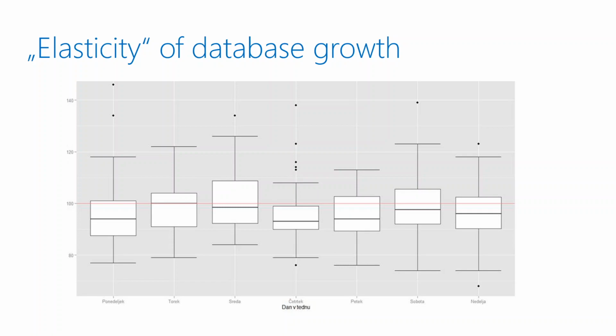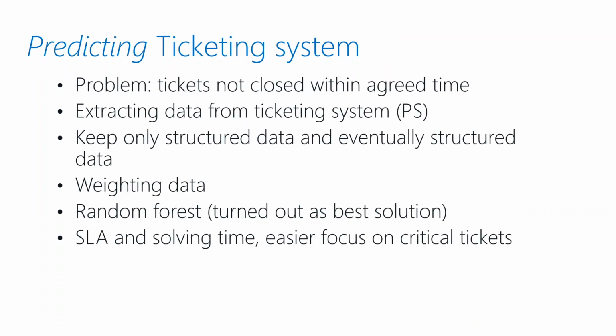So this again can give you some aspect in terms of predicting the database growth. And why is this important? Well, you don't want to run out of disk, or you can see that on Thursdays there are a lot of outliers and something is going on, and you can be prepared for that, but only once you understand what's going on. If you don't know what's going on, it's hard to be prepared for something like that.